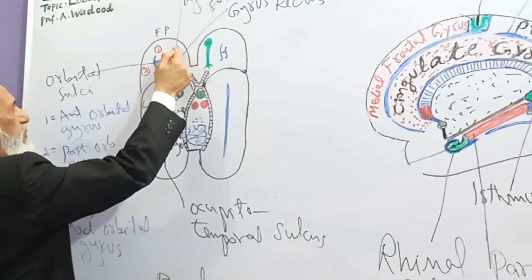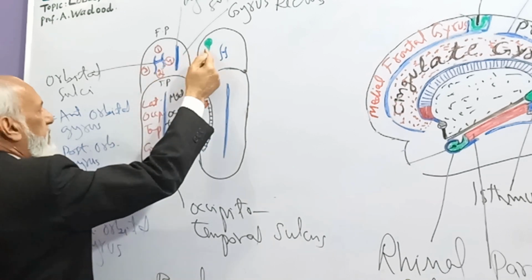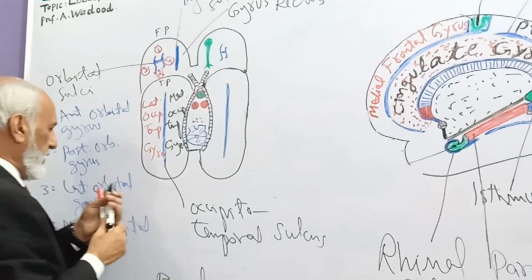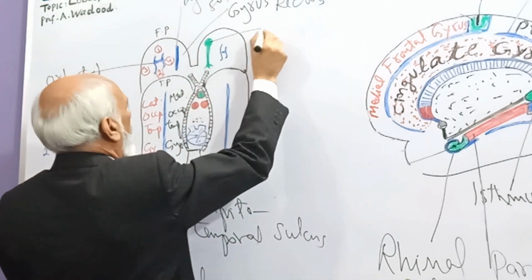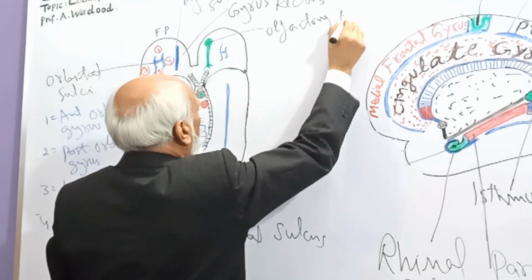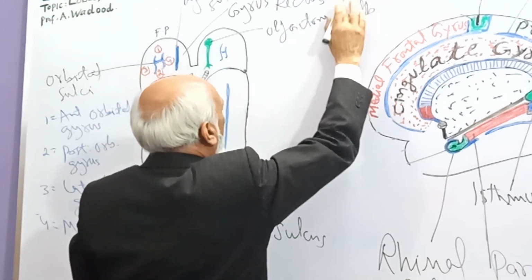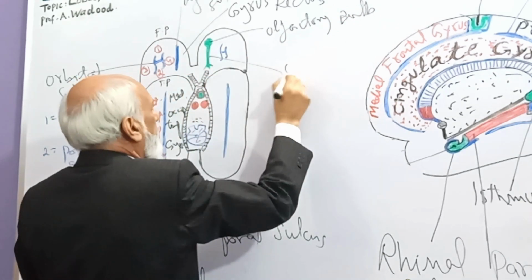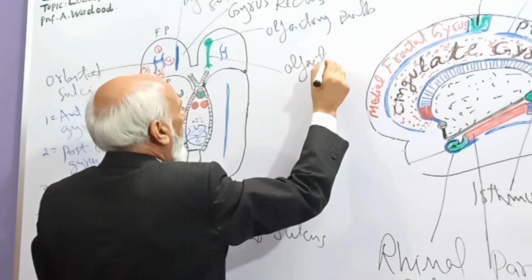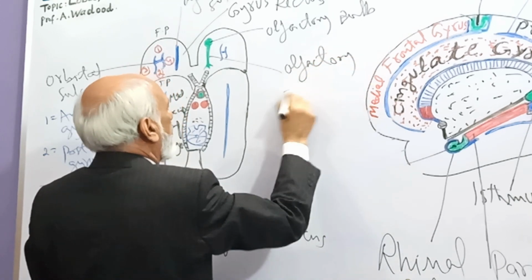So attached to the olfactory sulcus on the orbital part of the inferior surface, this is the olfactory bulb, and this is the olfactory tract.